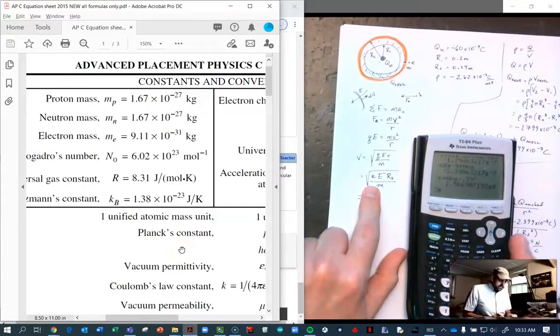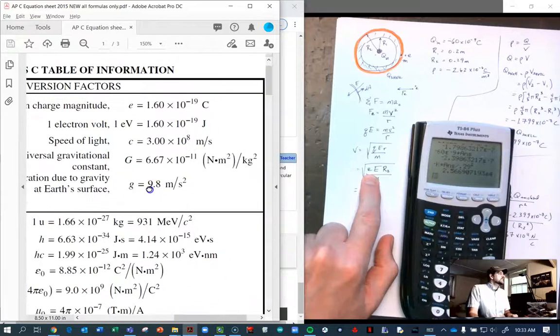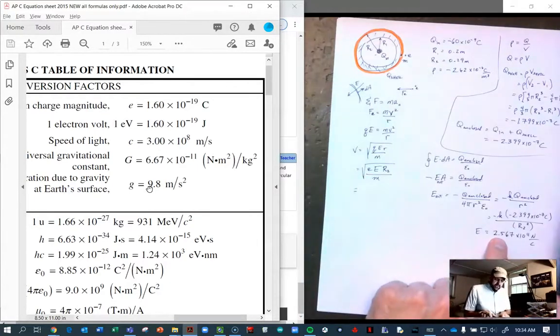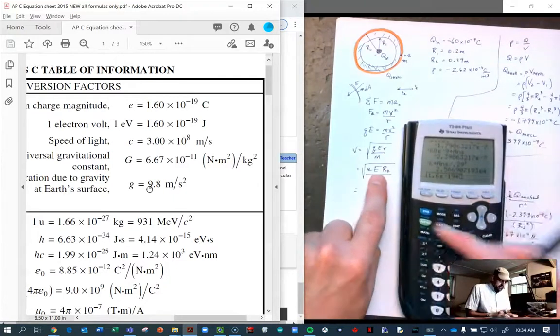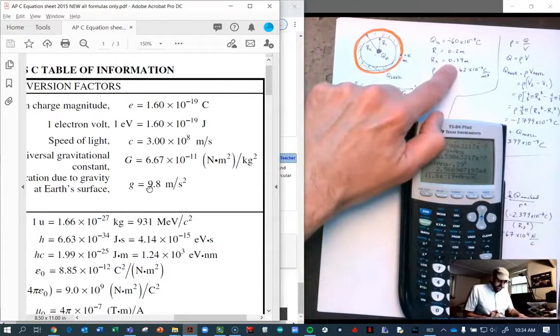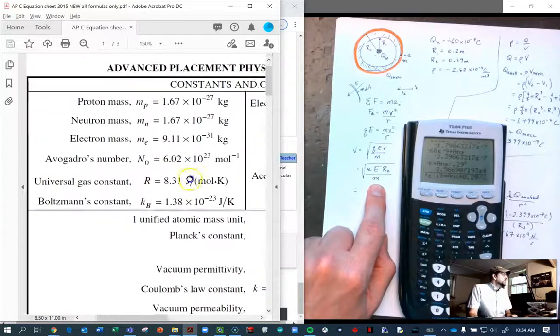So we'll start off with the square root. E is the charge of the proton, times the electric field, which is the number we just calculated. So I'm going to use the answer. Times R2, which is 0.29. And then we divide by the mass of the proton, right?